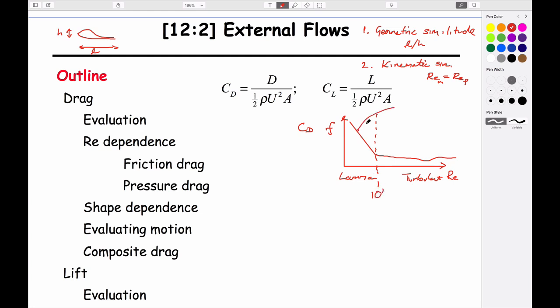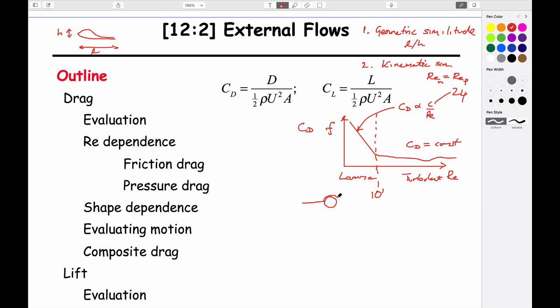In this region here, the drag coefficient is proportional to some constant over Reynolds number, and these are both log scales, and in this part here the drag coefficient is constant. So this is some constant. We'll find out today that it might be 24 for spheres. Doesn't really matter.